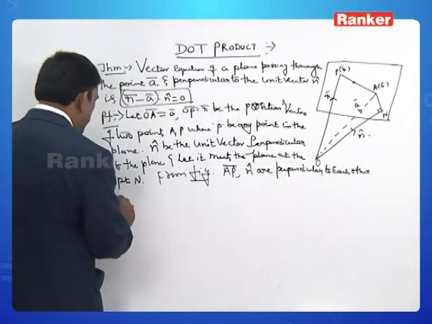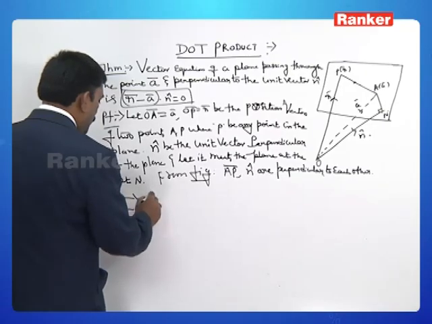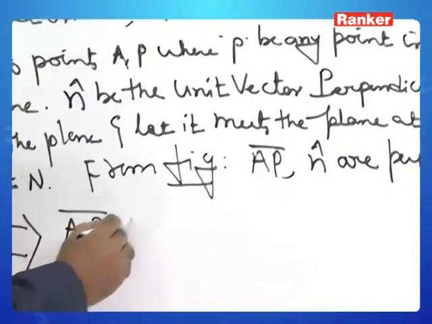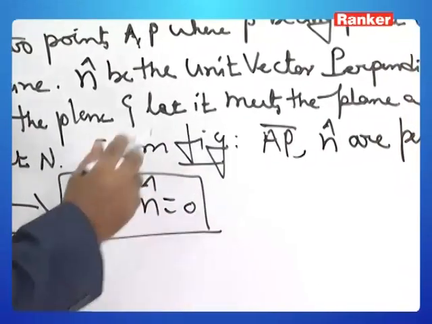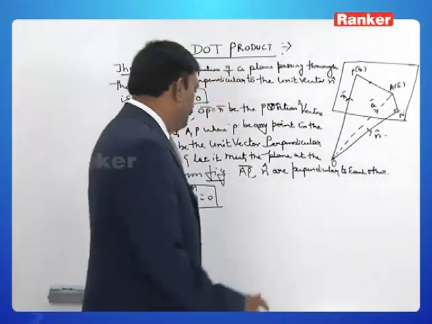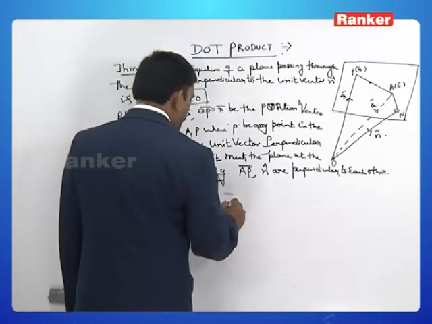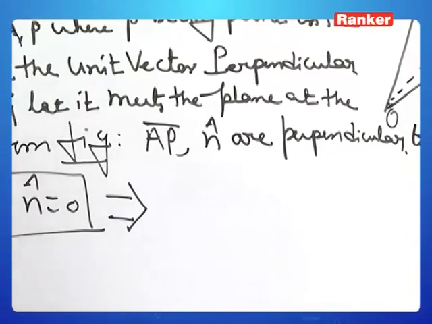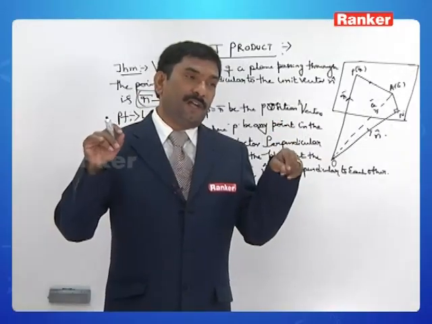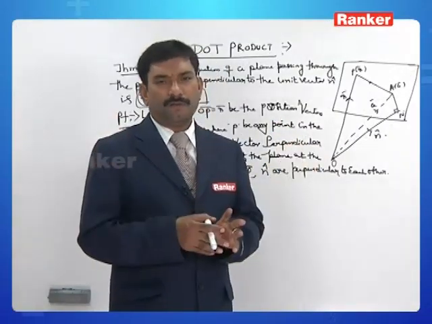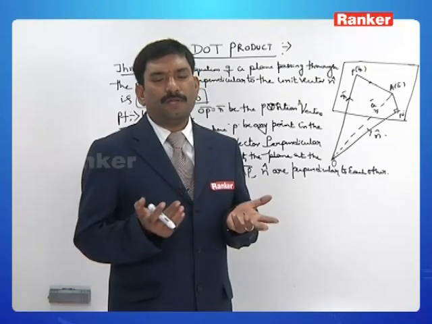Since these two are perpendicular, I can write AP bar dot N cap is equal to 0, which implies... AP bar vector is not given, its position vectors are given. How?